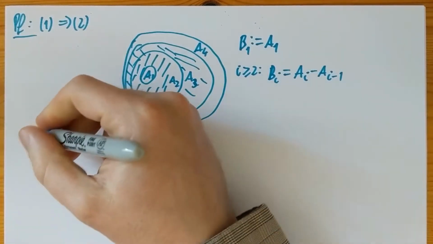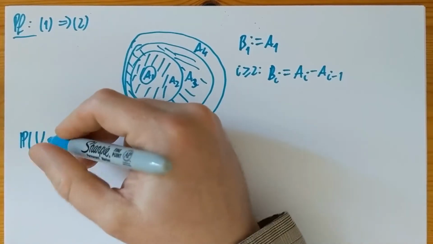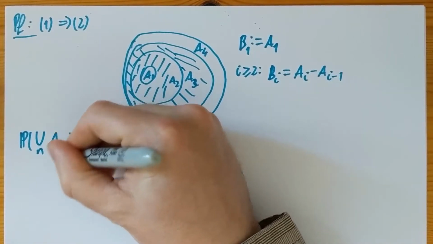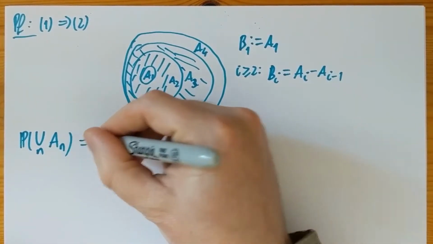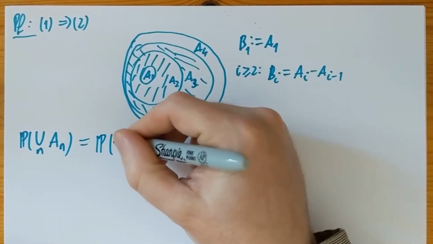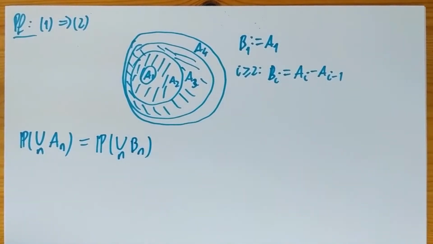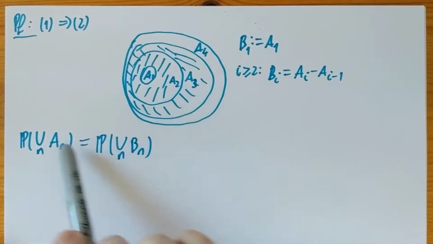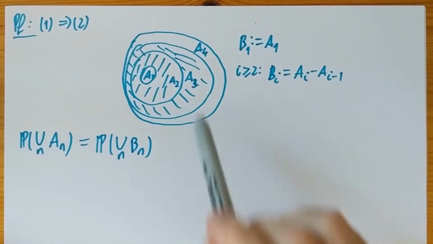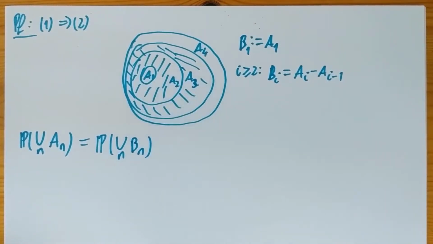And now I can start a chain of equalities. So if I look at the union of all of these events, then I can break this up into the union of the increments. So why is that true? Well, if we are in any of the An's, that's exactly when we are in this union, then we are of course in some of the Bn's, because at some point we have to be included as an increment in these sets.